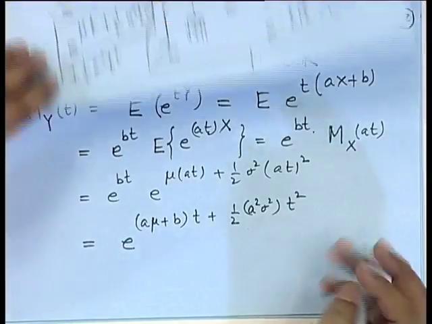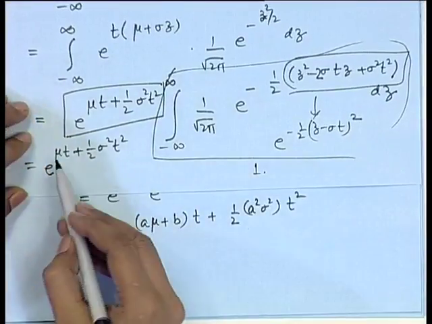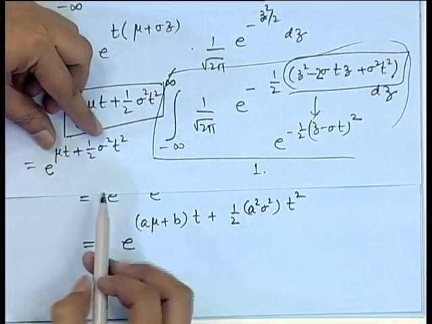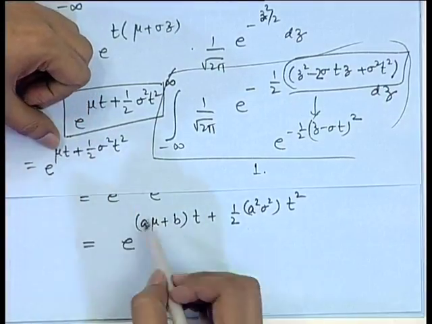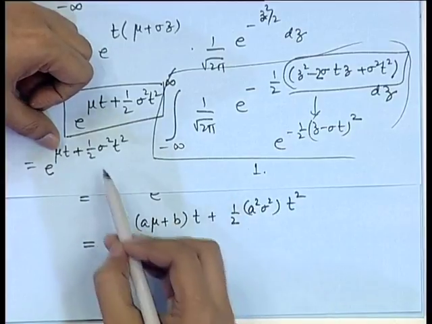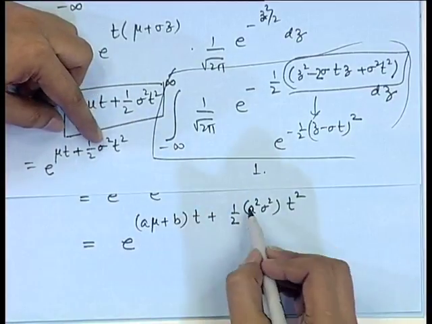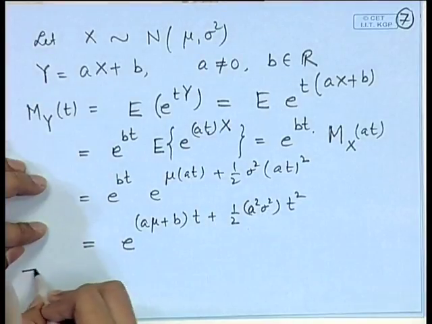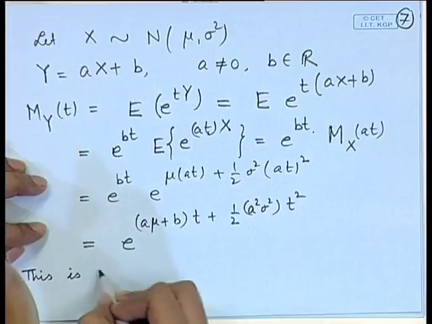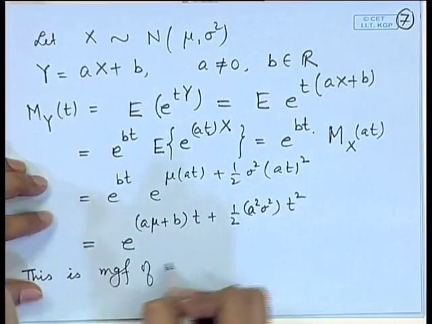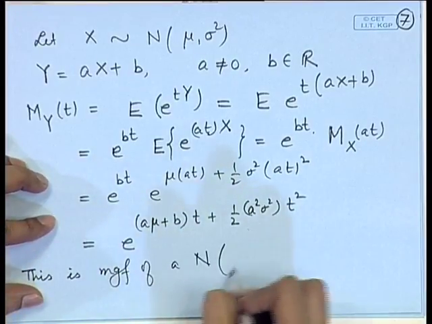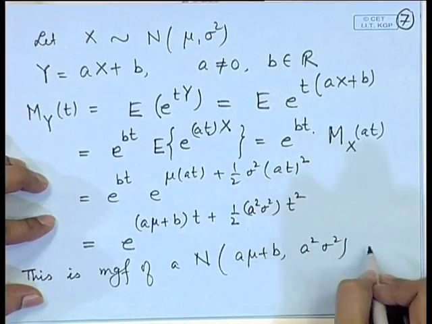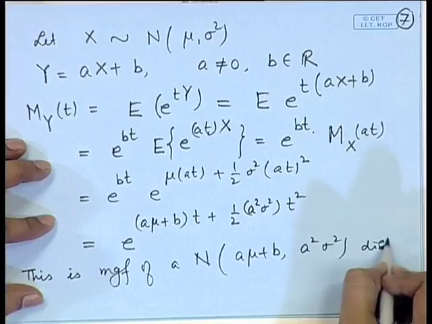If we compare this term with the moment generating function of a normal distribution with parameters mu and sigma square, then we observe here that mu is replaced by a mu plus b and sigma square is replaced by a square sigma square. So, we can say that this is MGF of a normal(a mu plus b, a square sigma square) distribution.